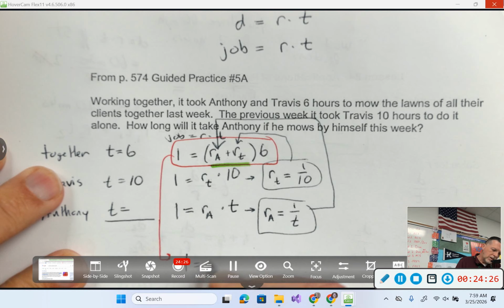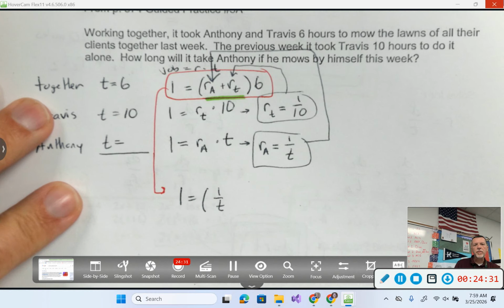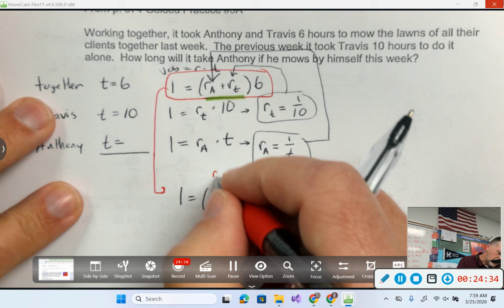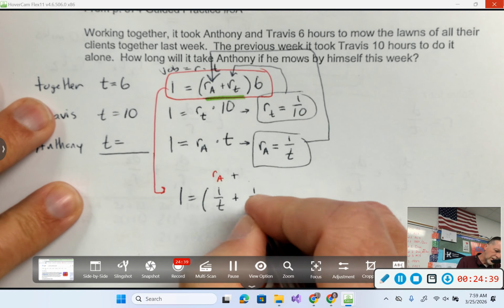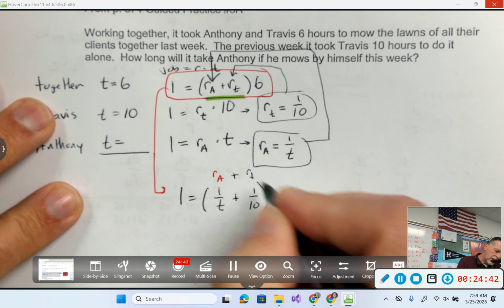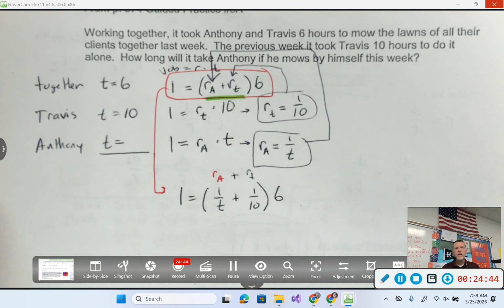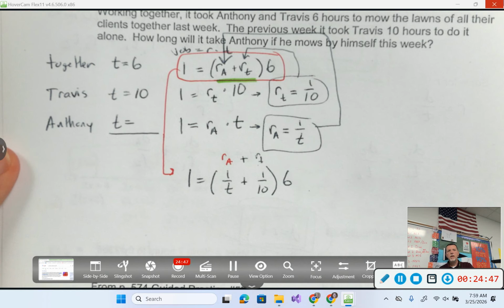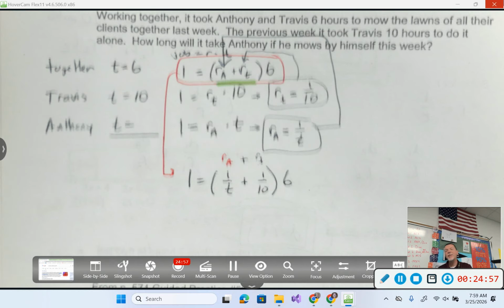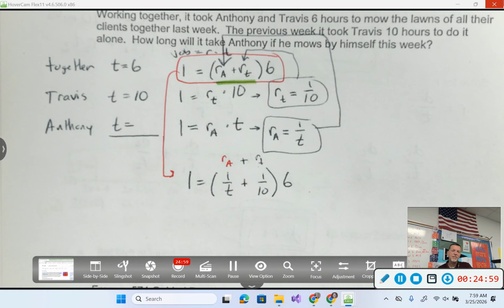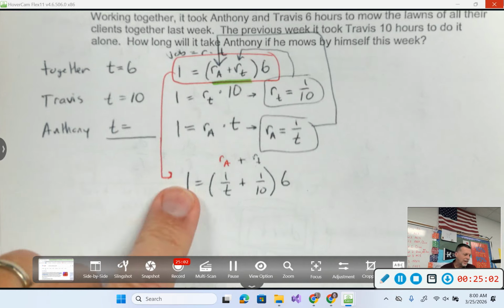So 1 equals RA, oh, sorry, there's RA plus RT, which is 1/10, and 6 hours. Well, there's an equation. We're ready. We can solve that. The setup is the hard part, as with all word problems, right? Once you get it set up, then it's not too bad. It's the setup that's the tricky part.